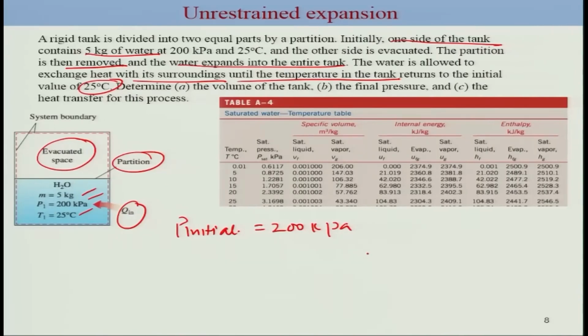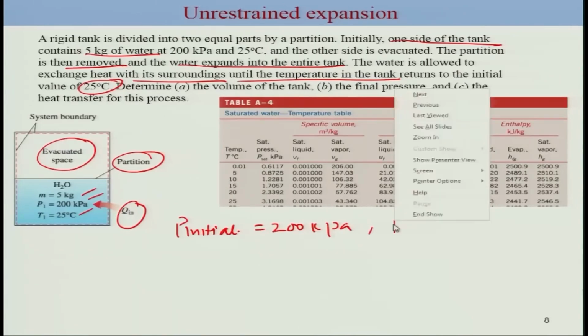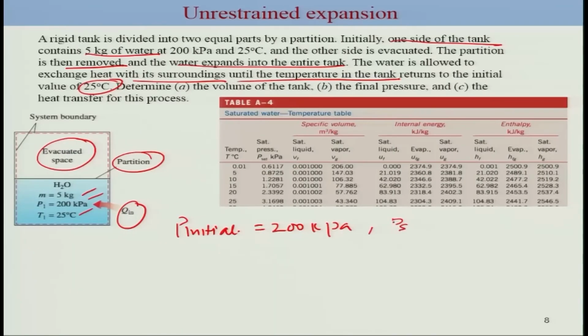The first thing is to identify the initial state. Is it a saturated vapor-liquid system, a compressed liquid, or a superheated vapor? Let's look at it based on the initial pressure and the tables. What is the saturation pressure at 25 degrees Celsius? We look at table A4.